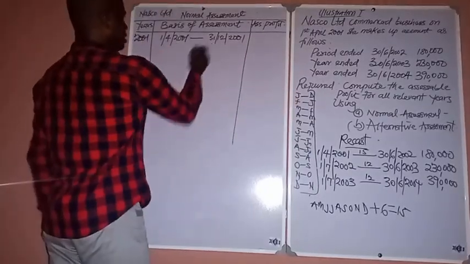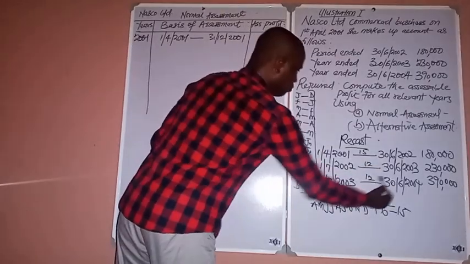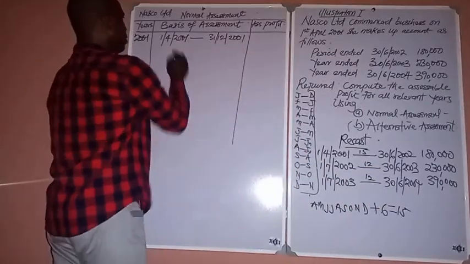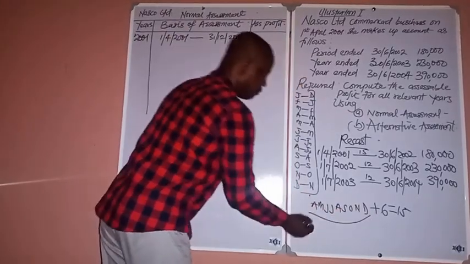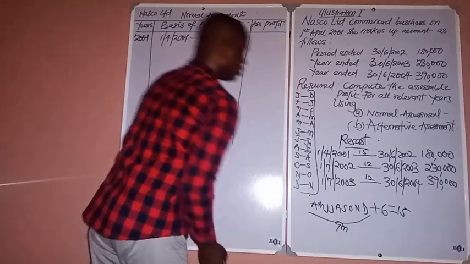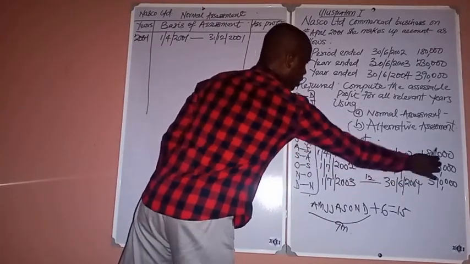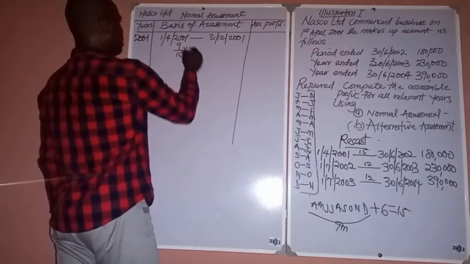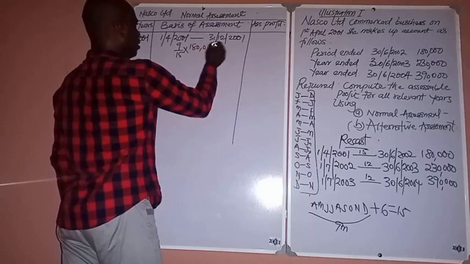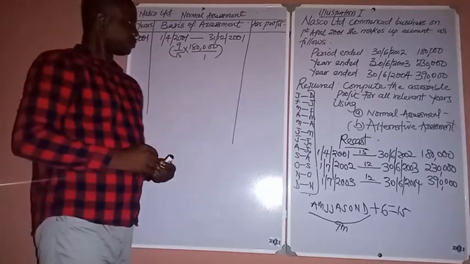Now, if you check this date, already we know the mother here, 15 months, 12 months, 12 months. So how many months is this? From April to December, already we have counted it. April to December is 9 months, so we're taking 9 months. All these dates fall inside the first date, and it is 180,000. So we're going to take 9 out of 15 times 180,000 all over 1 for us to get the first year assessment.